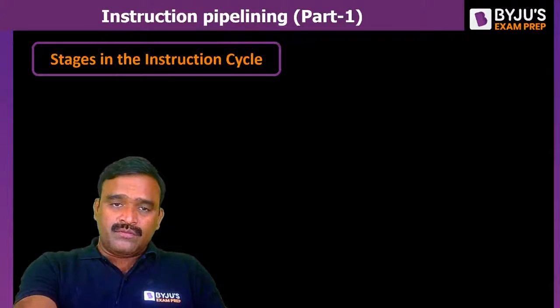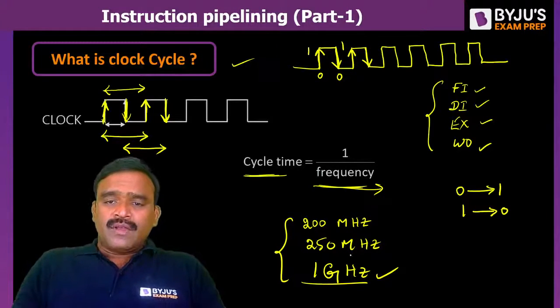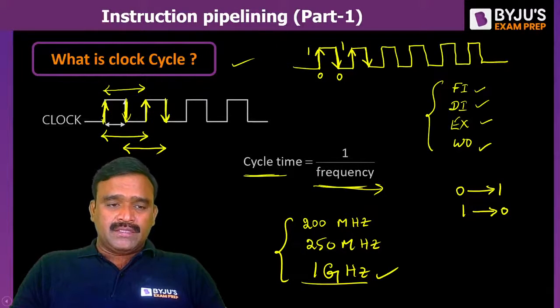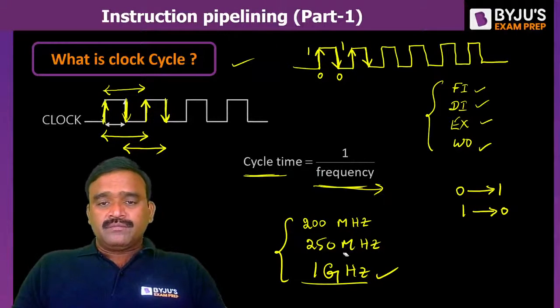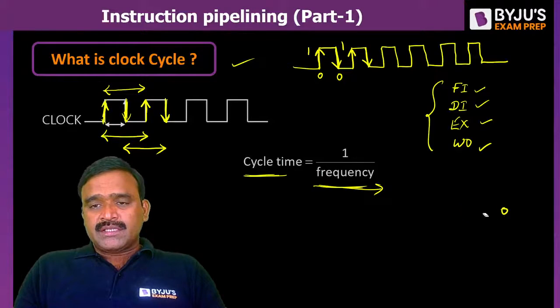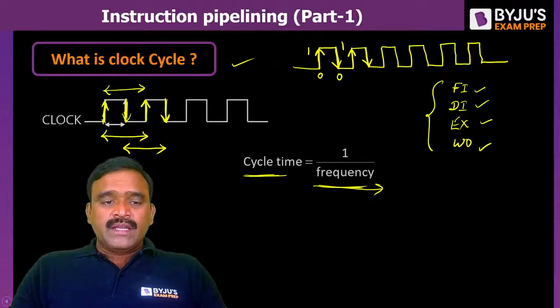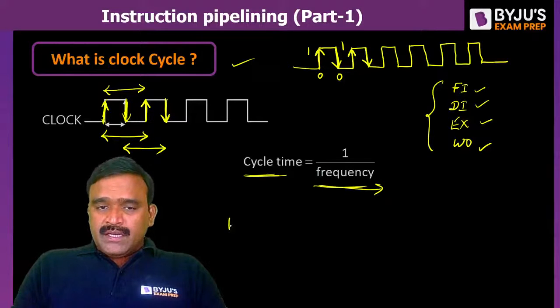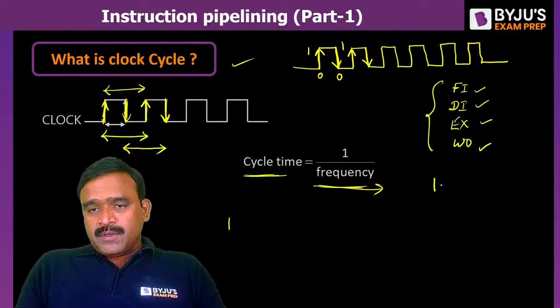If I want to teach you what the cycle time is exactly in nanoseconds or microseconds, you can take one example. Listen carefully. Let us suppose I am taking a 1 gigahertz processor, and what is the cycle time for it? The processor frequency is 1 gigahertz.